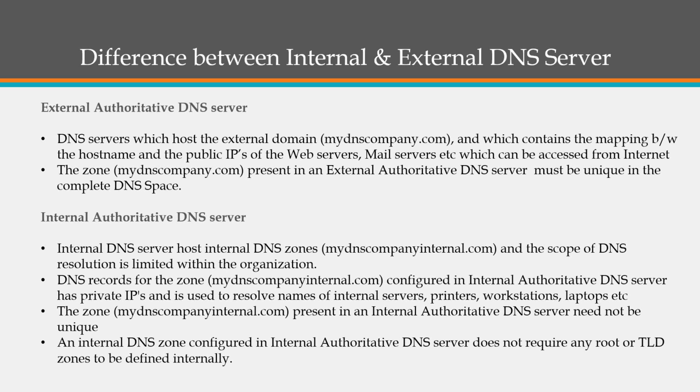So it will have a hostname to private IP mapping, and it's mainly used to resolve the names of internal servers, printers, workstations, laptops, etc. The zone mydnscompanyinternal.com present in the internal authoritative DNS server need not be unique. Since the scope is within an organization, two different organizations can have the same internal DNS zone configured in their internal authoritative DNS servers.